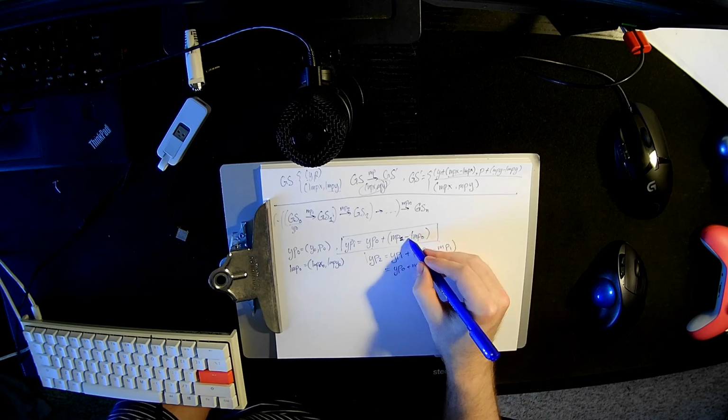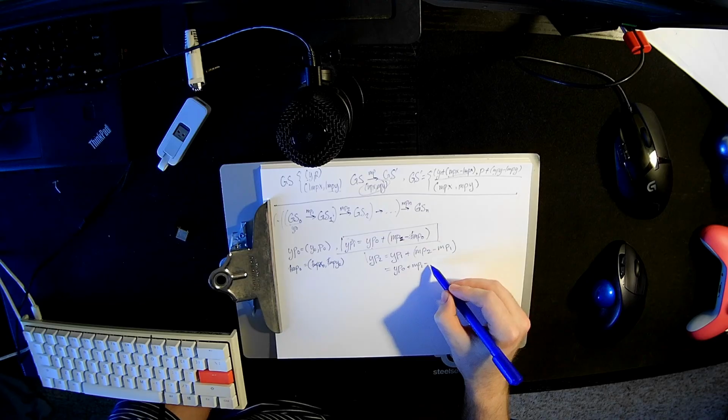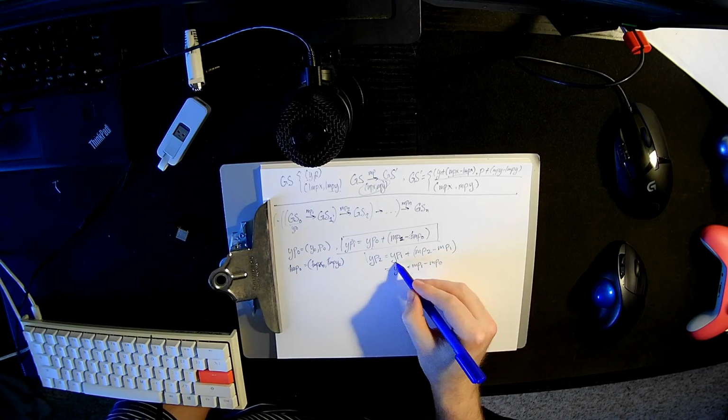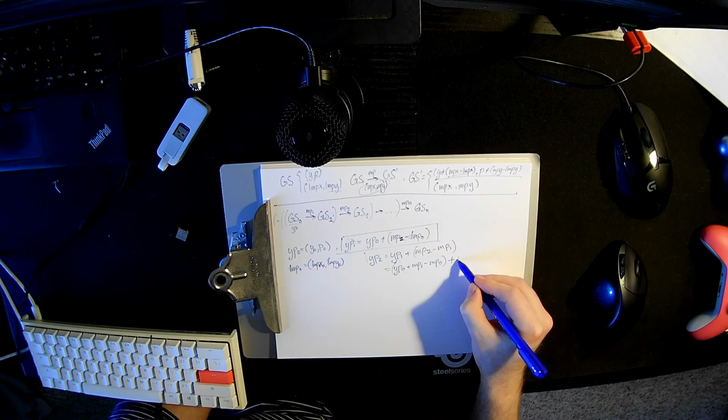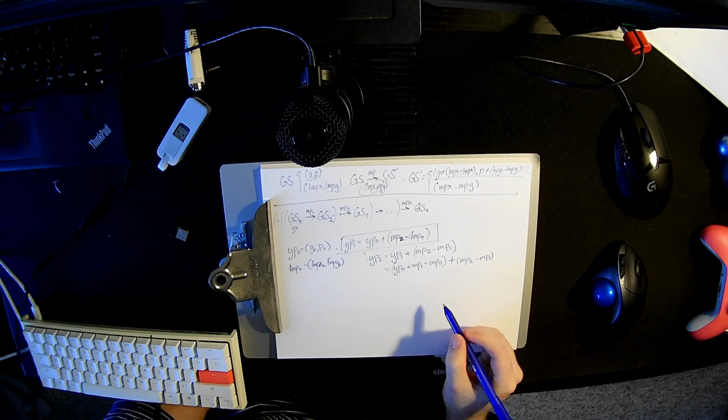I'm just going to knock off the L, I don't really like that for now, just to keep things easier to look at. So that's what yp1 is. Then we're doing plus mp2 minus mp1. And so here we can see the telescoping.